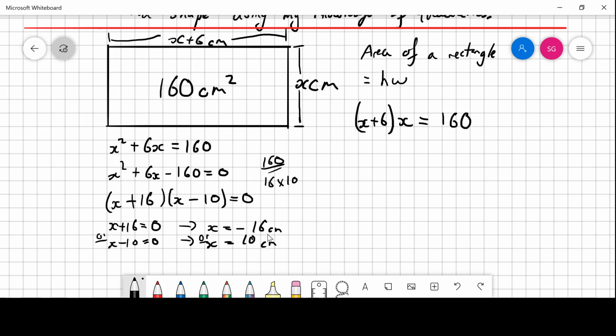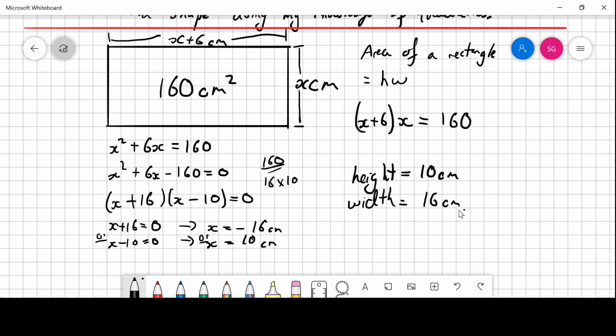So we're going to say the 10 centimeters is the correct measure. So the height of this rectangle is 10 centimeters. And we know that the width is 6 centimeters more than the height, so width equals 16 centimeters.